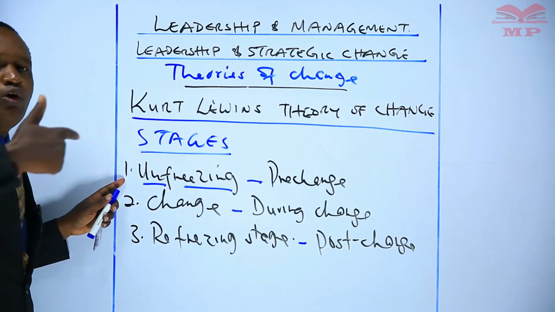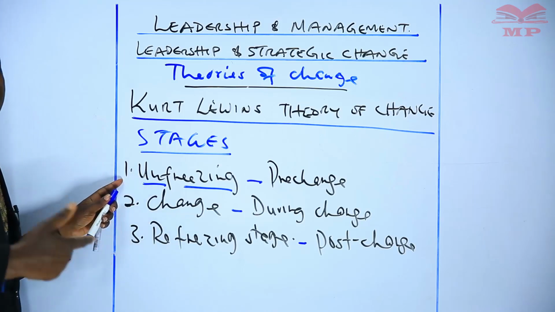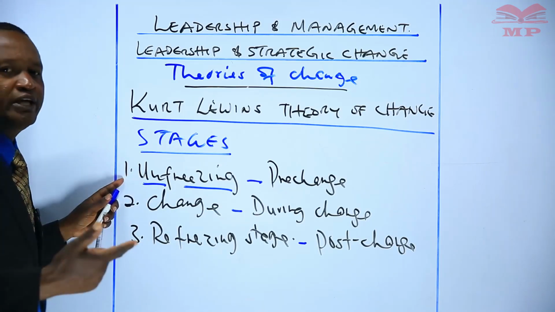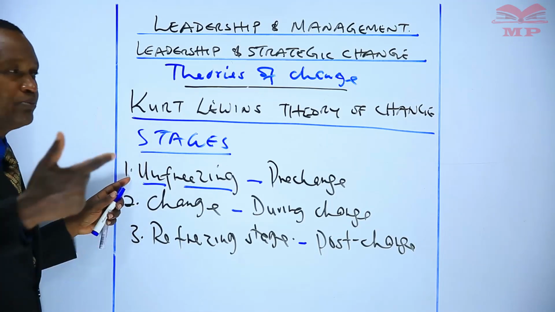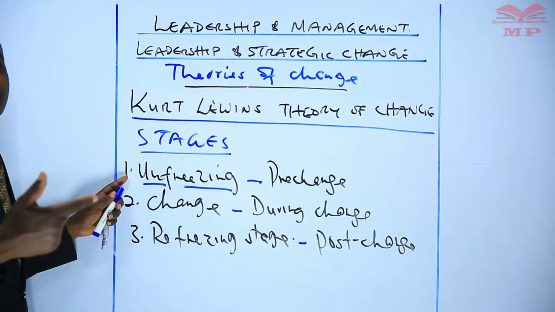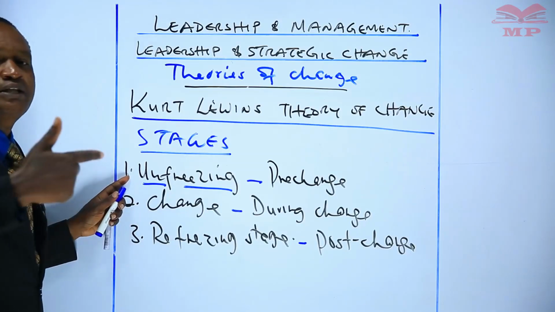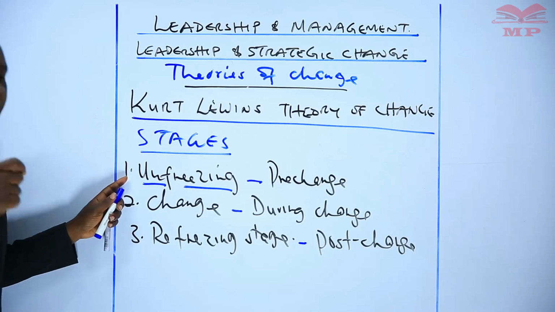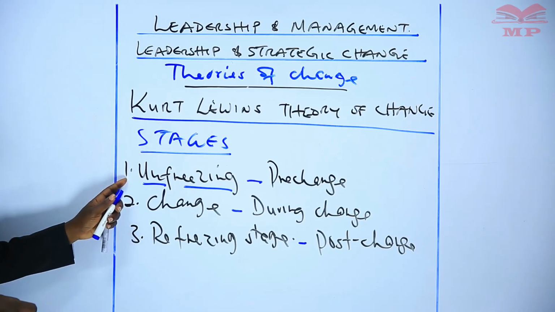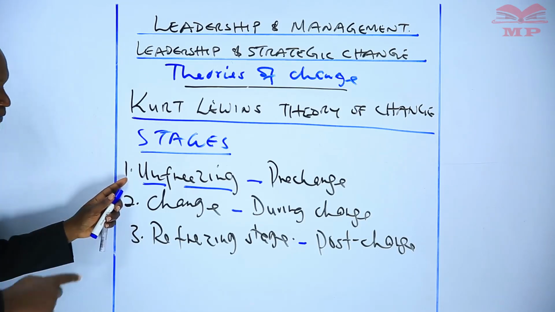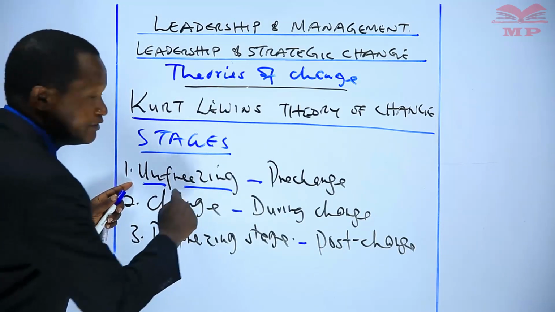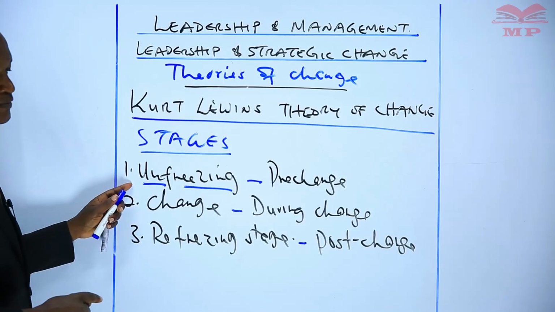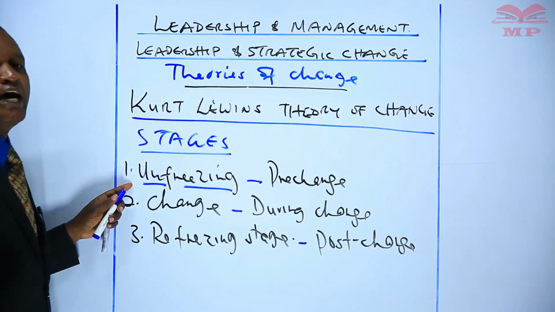And before the old behavior can be discarded or unlearned, and a new behavior successfully adopted, the equilibrium needs to be destabilized. The old behavior needs to do what? To be destabilized. That is what we are calling unfreezing. The old behavior has to be unfrozen.